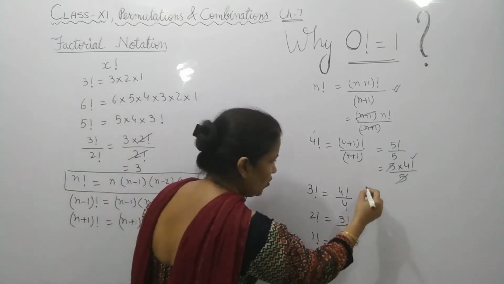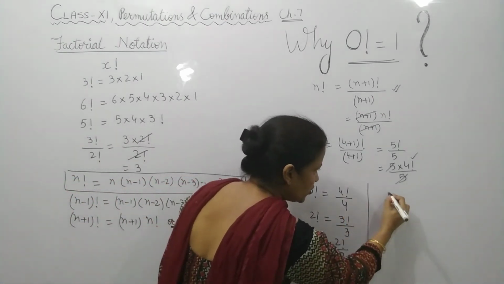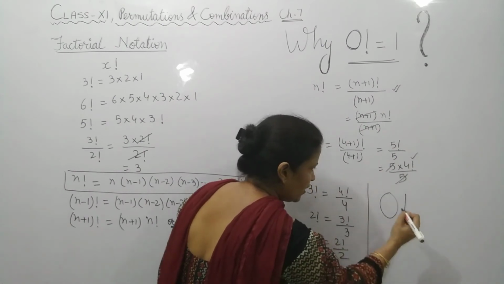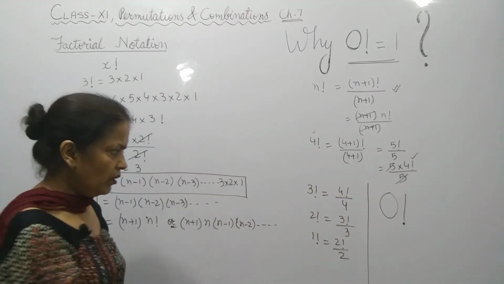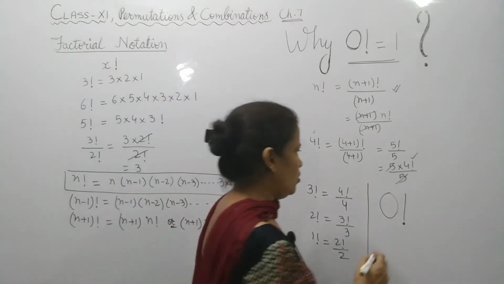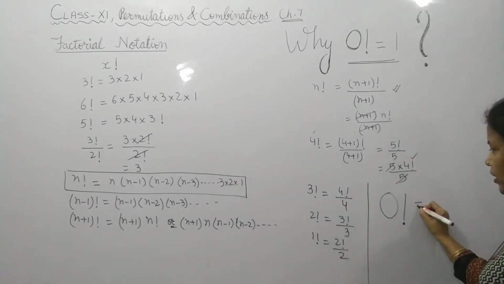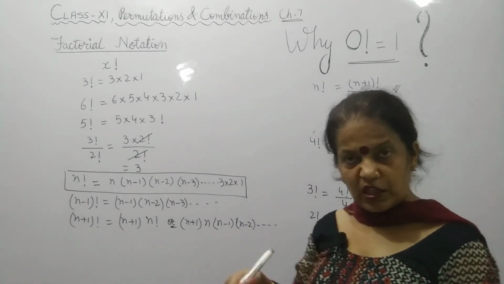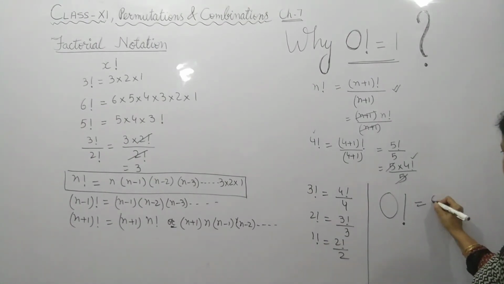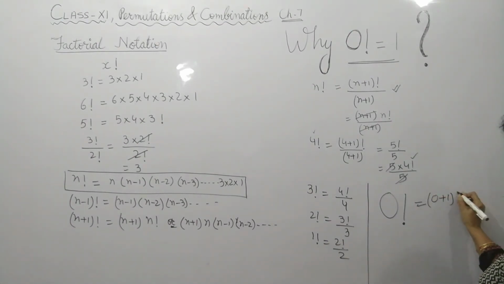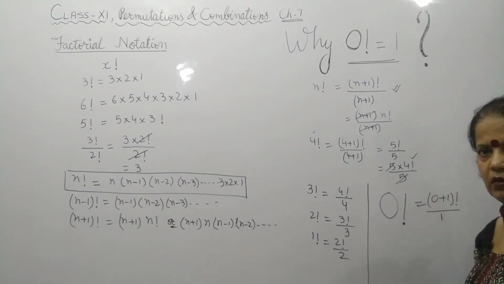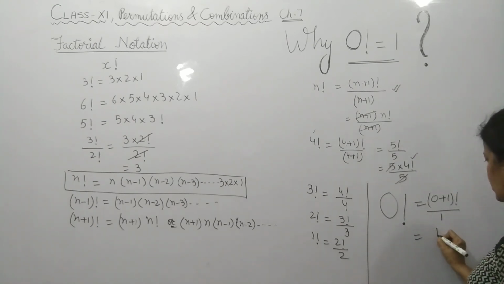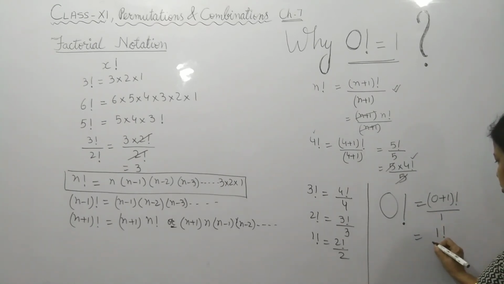So can you tell me what should be 0 factorial then? Look, 1 is being added. So 0 factorial will be 0 plus 1 factorial upon 1. So 0 plus 1 is 1, 1 factorial upon 1, so it will come as 0 factorial equals 1.